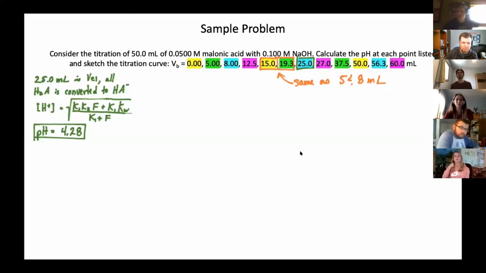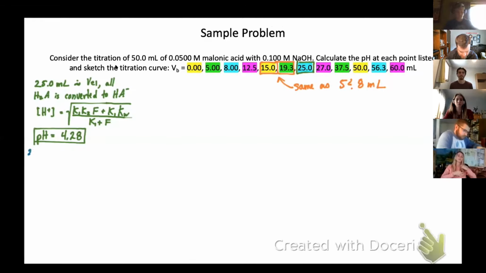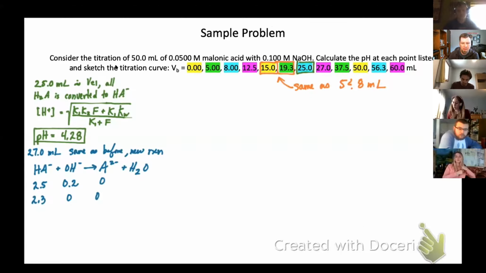So I thought that was a really good opportunity to take a look at this because I think it's a reasonable thing to be a little confused about and maybe make a misstep. And that was what Brenna was just describing about realizing that at each equivalence point, you're kind of resetting to 0. The reason for that, I'll describe in a slightly different way, is that we have a new reaction that we're considering. The new reaction is not H2A going to HA minus.